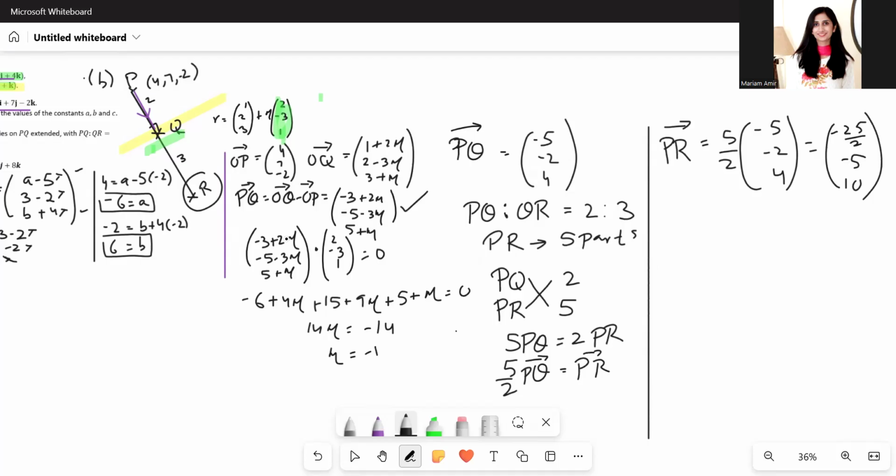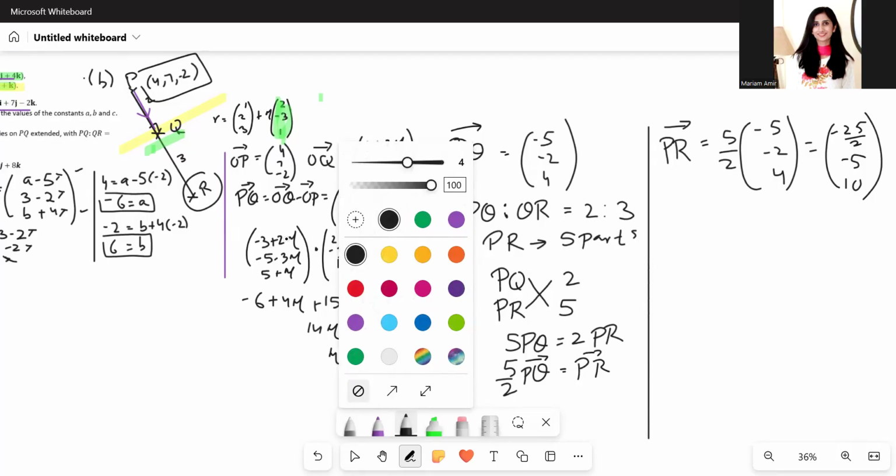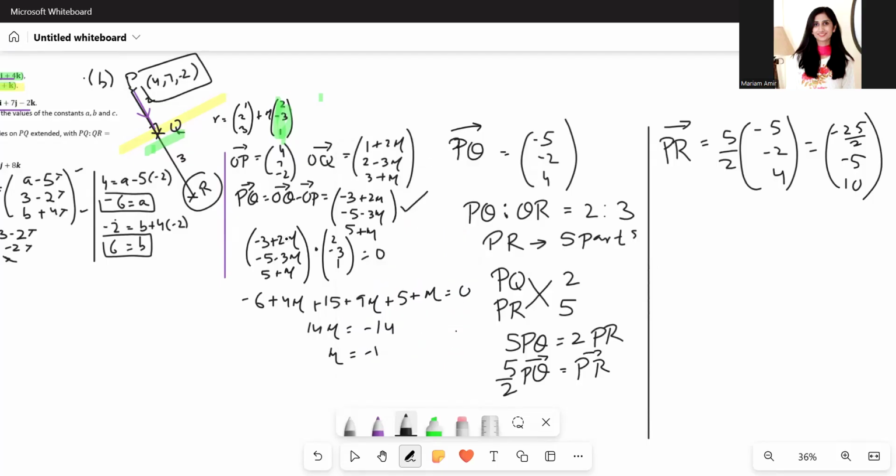All right, so now we have vector PR and we already have the coordinate P. So when we add these together, if I write (4, 7, minus 2) in column vector form, and then add the direction PR, which is (negative 25 by 2, negative 5, and 10) to it, that will give me the position vector of R. So what have I done for the position vector of R?